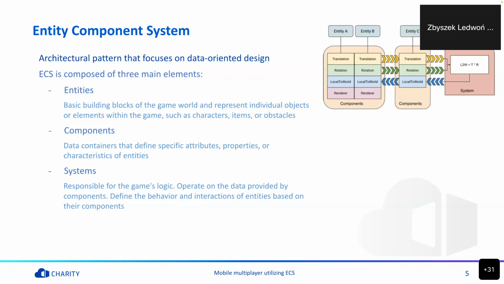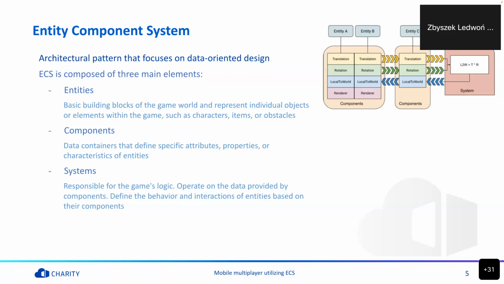For example, in a car game, this would be location of a car, direction, speed of a car, and etc. And entities are groups of components, and these groups are actually the game objects that are visible and interactive in game.